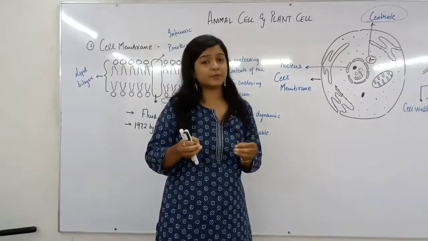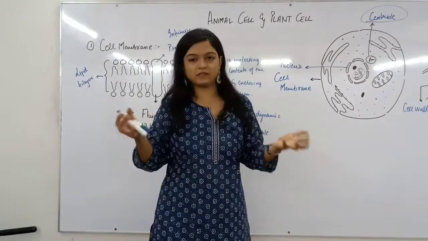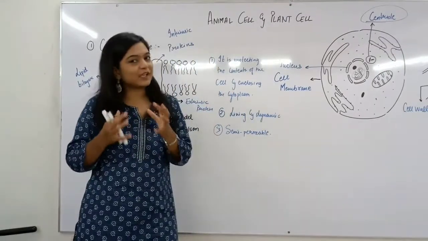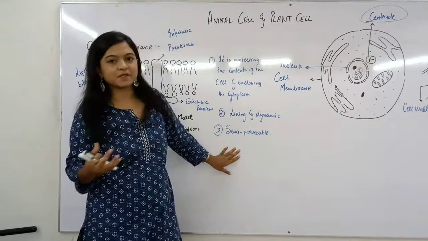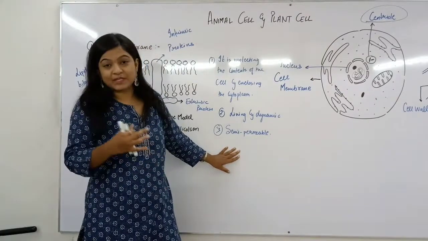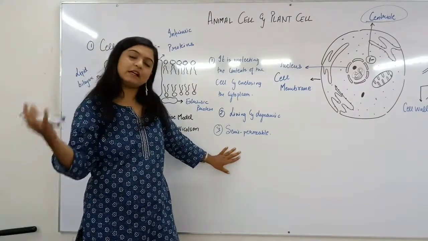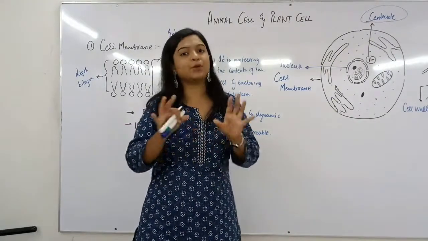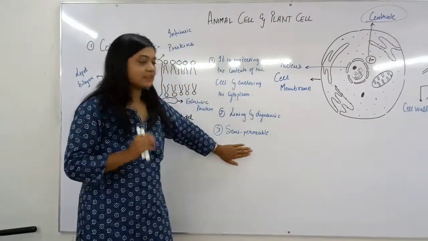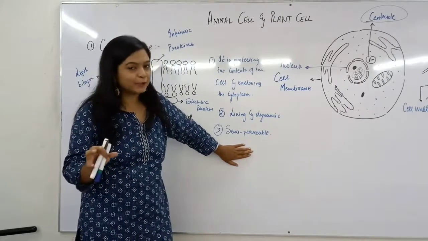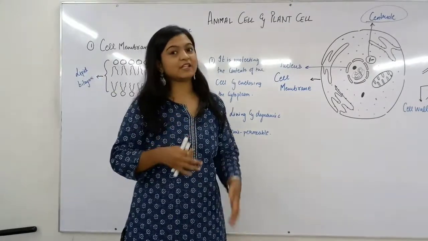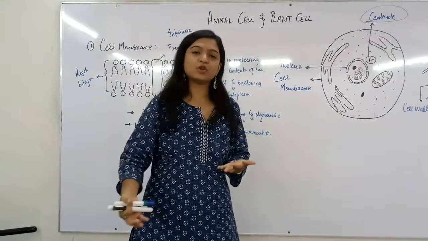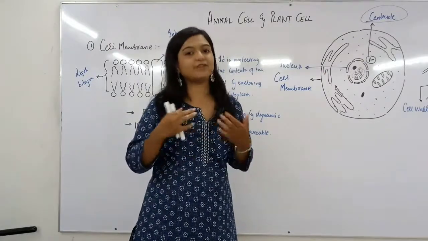Though this does not work 100% all the time, which is why we get sick, its major job is to prevent harmful substances from coming inside by being impermeable to them, and allow the waste material to go outside and good things to come inside by being permeable to them. So when I say that a cell membrane is semi-permeable, I mean that it will only allow the passage of certain things inside and not everything.